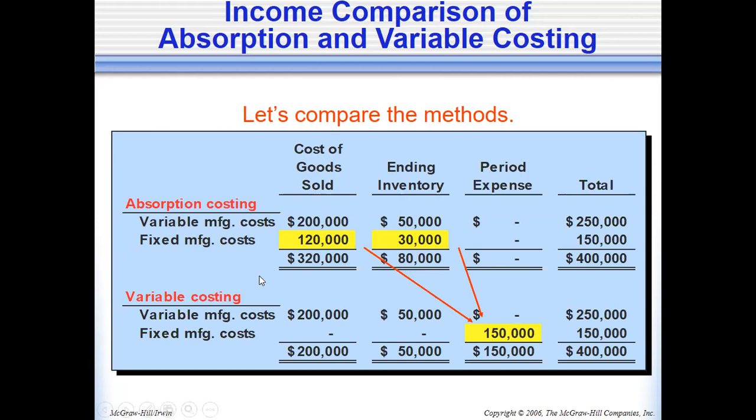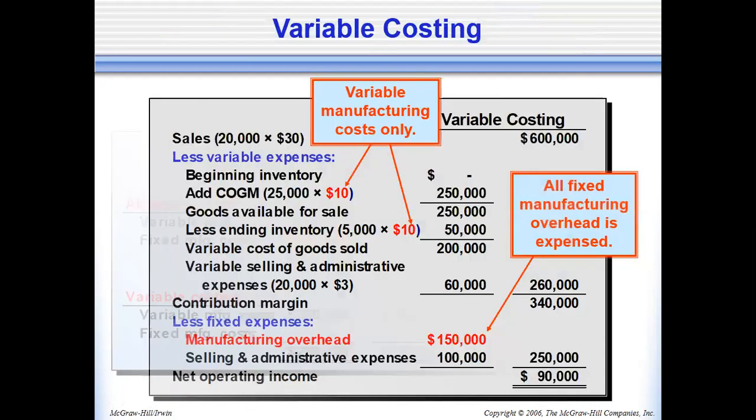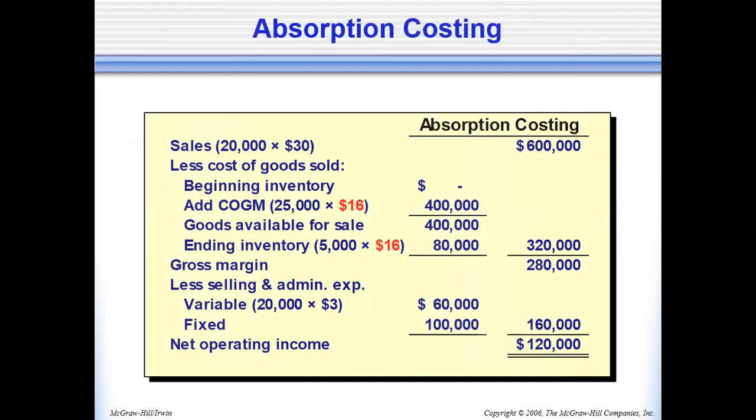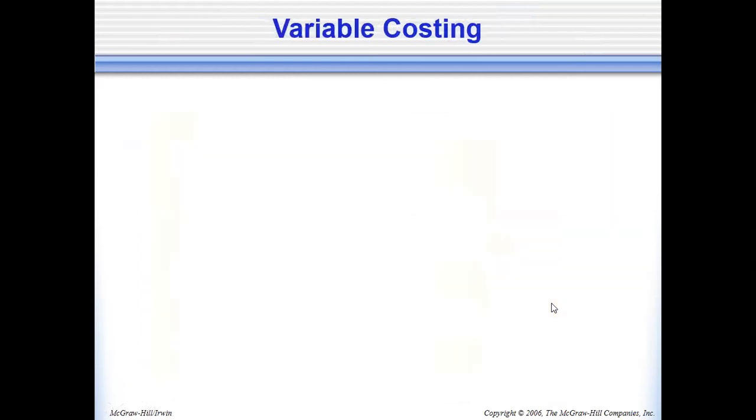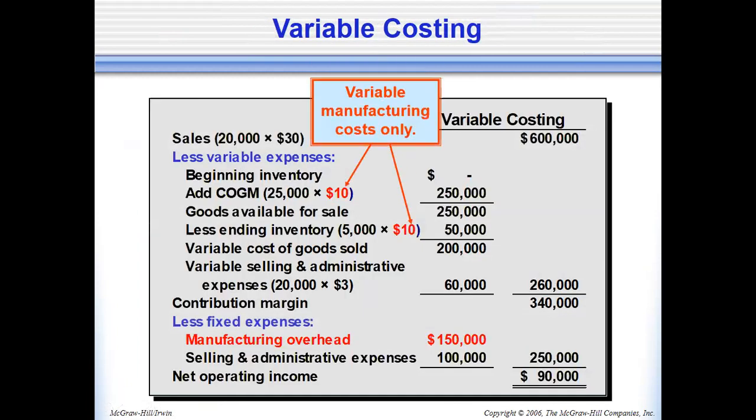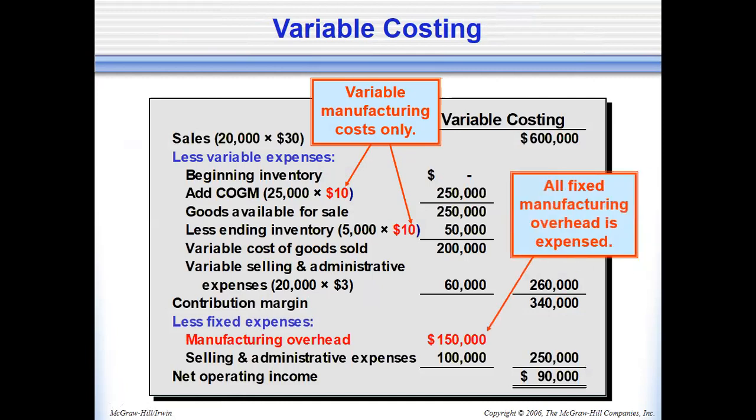However, it is treated entirely as an expense under variable costing. Okay, so the difference of the two, if we go back for a quick look: the net operating income is 120,000 under absorption costing, while variable costing is 90,000.